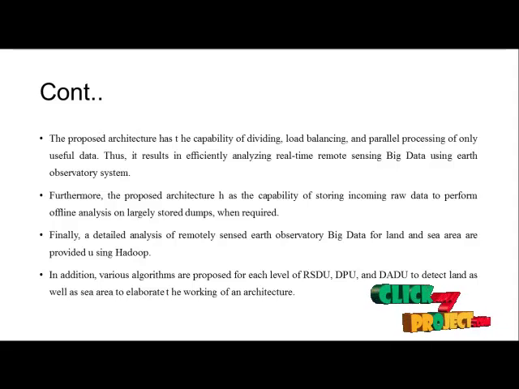Finally, a detailed analysis of remotely sensed Earth observatory big data for land and sea area is provided using add-ons. In addition, various algorithms are proposed for each level of RSDU, TPU and DATU to detect land as well as sea area, to elaborate the working of the architecture.